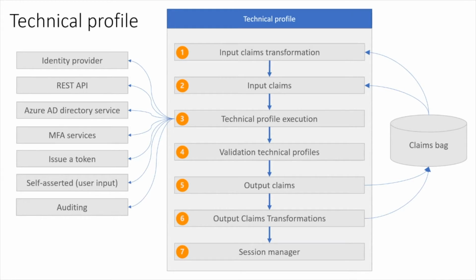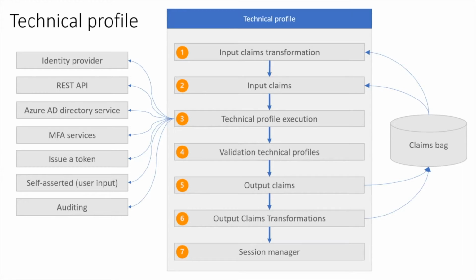Once we're finished with the technical profile execution and the optional validation technical profiles, we get to our output claims. These are the claims that are to be returned back to the claims bag at the end of the operation of the technical profile.